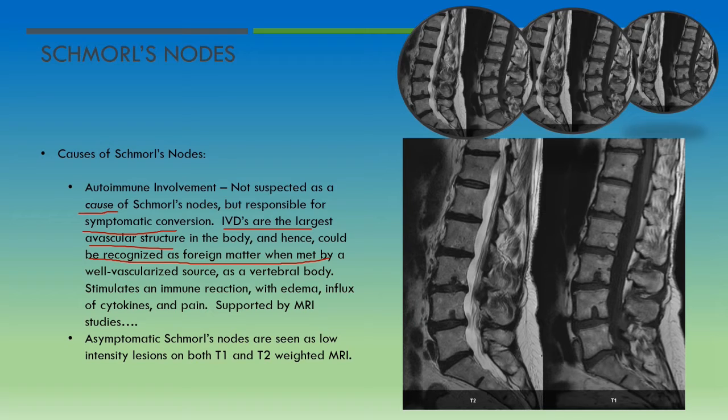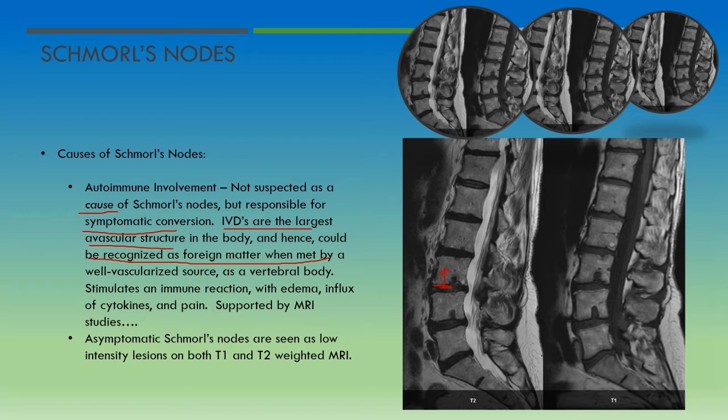So when the nucleus pulposus herniates beyond the cortical bone of the vertebral end plate here and up into the trabecular bone of the vertebral body, that stimulates an immune reaction with edema, influx of cytokines, and resulting pain. And this is what's going to cause the examinee to report pain in the exact region of the Schmorl's nodes.